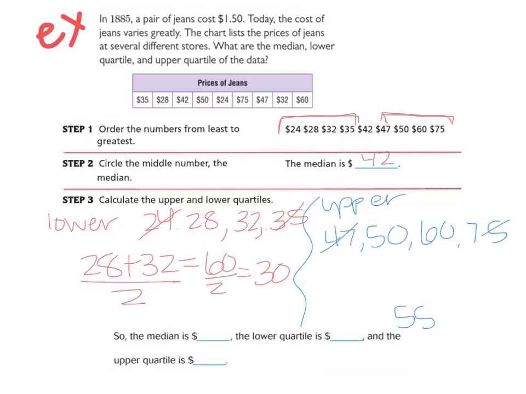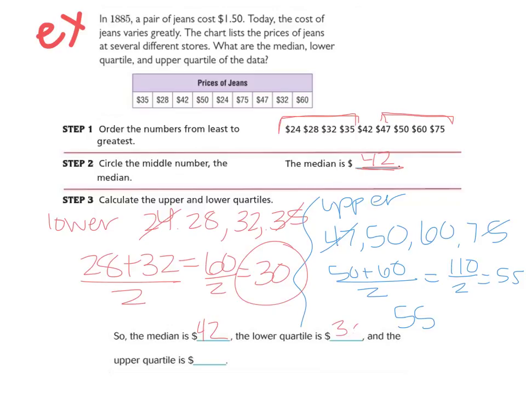If you didn't know that, you could do 50 plus 60 and divide it by 2, which would give you 110 divided by 2, which gives you 55. But I like to just think, well, what's halfway? So our median is up here, $42. The lower quartile is $30. And the upper quartile is $55. And it's as simple as that.